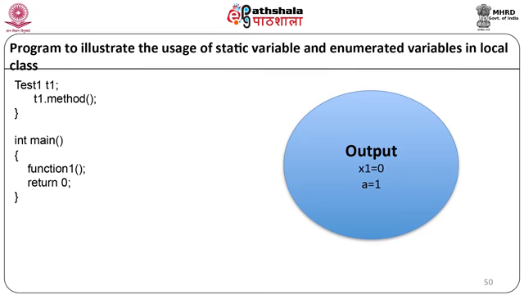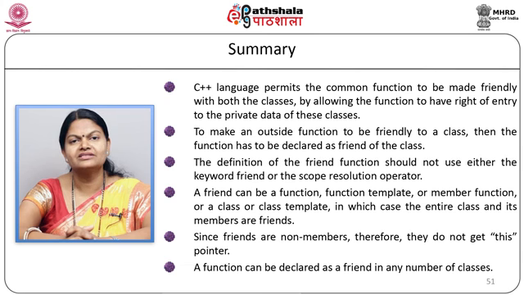Now let's summarize the module of friend function and friend classes. As we have seen, one friend function can be a friend of more than 2 classes. Here it will have access to the private data of both the classes. Any function which has to be made a friend of that particular class should be declared as a friend inside the class.